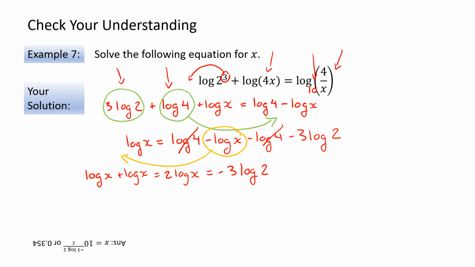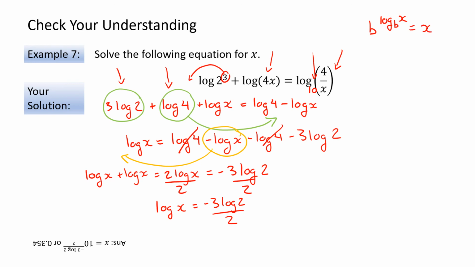So now, to solve for just log x, we're going to do the same thing we did in the previous example. We're going to divide both sides by 2. And we're left with log of x is equal to negative 3 log 2 divided by 2. Now, instead of e, remember this rule was b to the exponent log of the same base, b of x, is just equal to x.